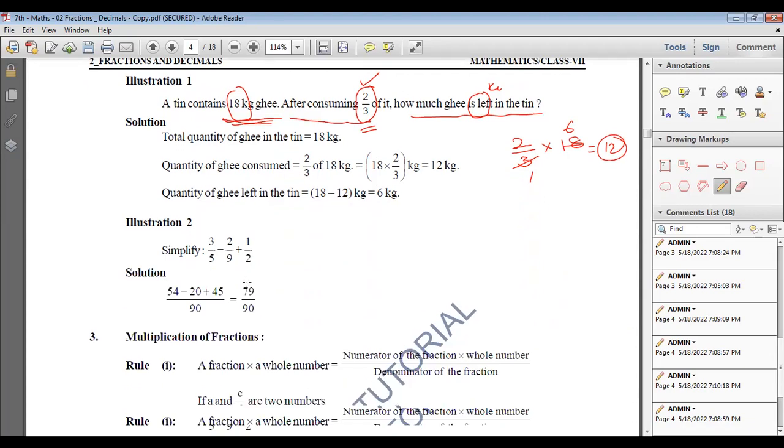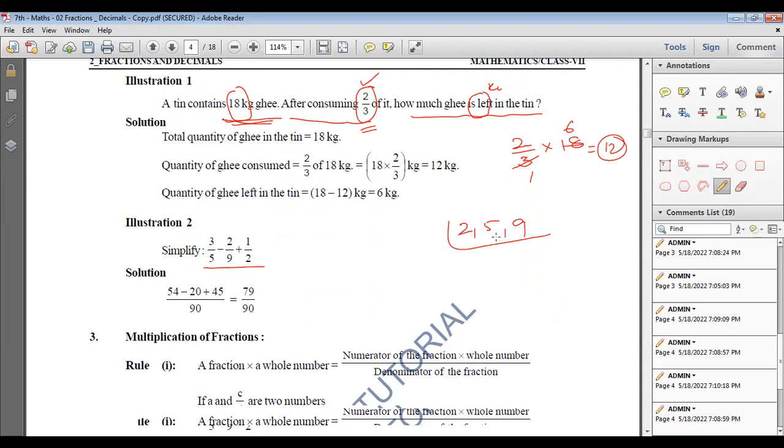Next, to simplify this part, multiple operations are given here. Addition and subtraction both are given together. Even though it is given, you can go with the normal method, make them like fractions. Here denominators are not the same. The denominators are 2, 5, 9. You need to take the LCM.